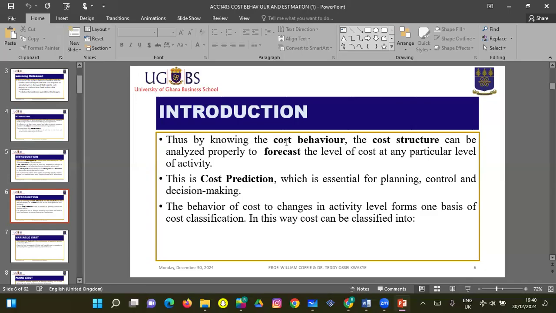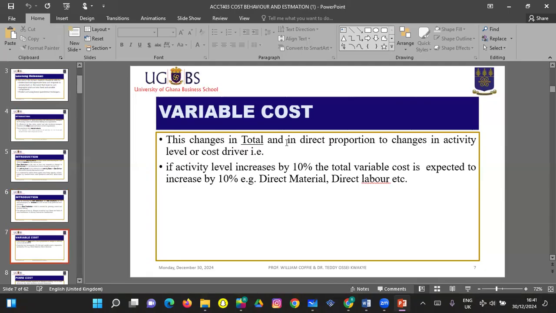The behavior of cost to changes in activity levels forms one basis of cost classification. In this way, cost can be classified into fixed cost, variable cost, and then semi-fixed cost. For variable cost, this changes in total in direct proportion to activity level. So variable cost changes in total in response to activity level, but does not change per unit.